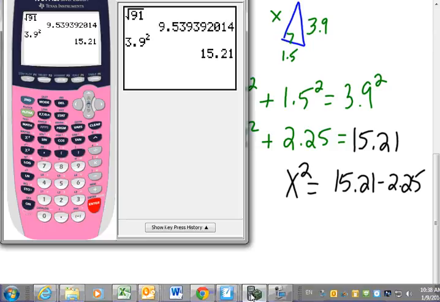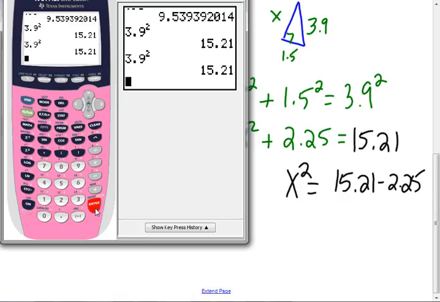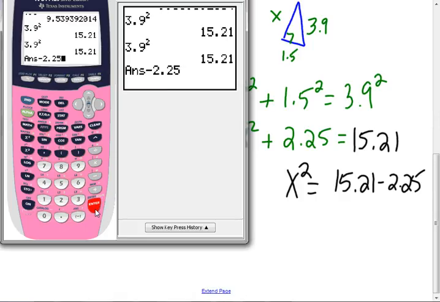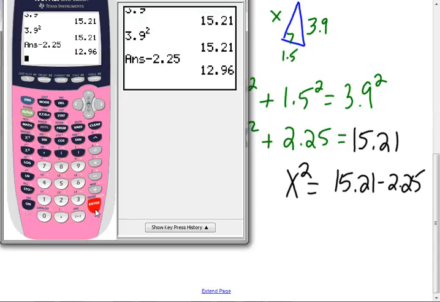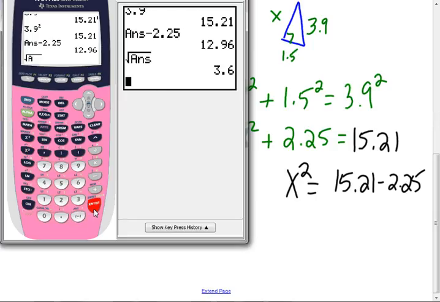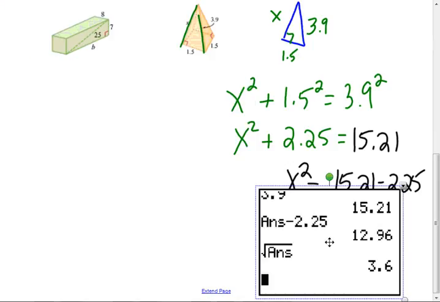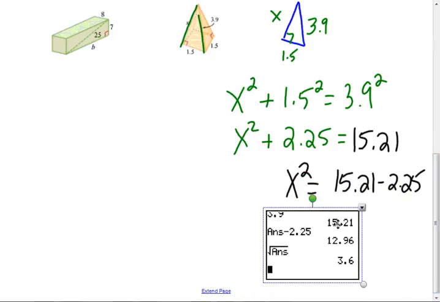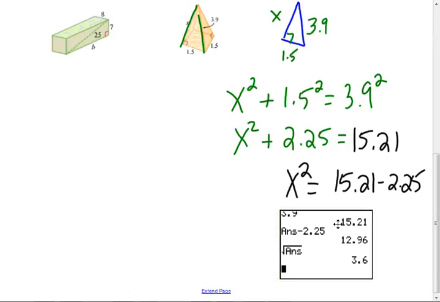So I'm going to do this answer, enter, minus 2.25, and then square root that. I'm going to go second square root, and second answer. You can do that on any 83 or 84. 3.6. If you don't have an 83 or 84, you've got to write things down. This is 12.96. And then you square root that, you get 3.6.